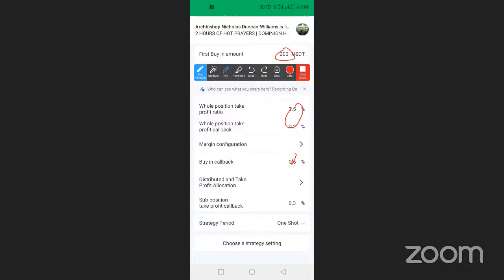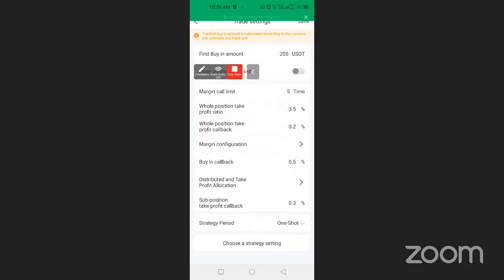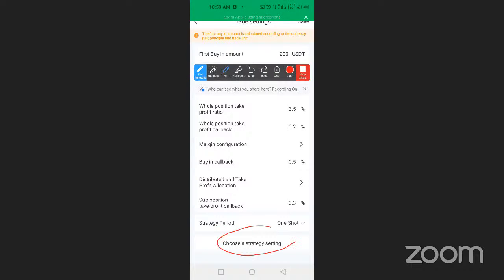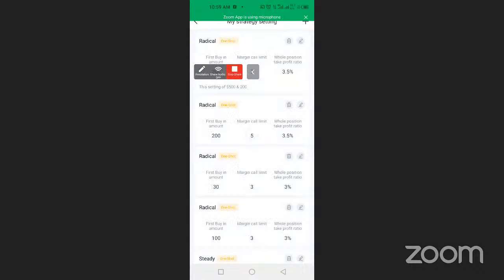But I want to add it here so that another day you can just go there and pick the setting. So I will click on choose strategy setting. Now, I don't want to tamper with those I've already saved, so I will create a new one by clicking on this plus sign here.